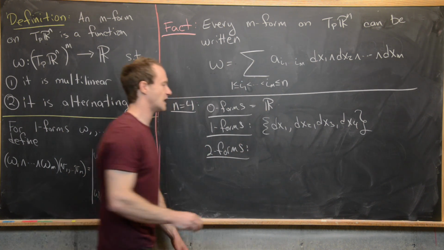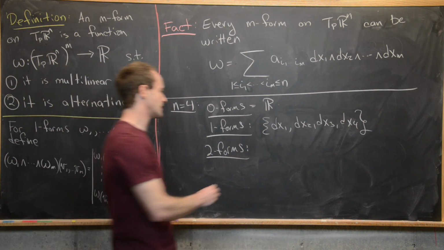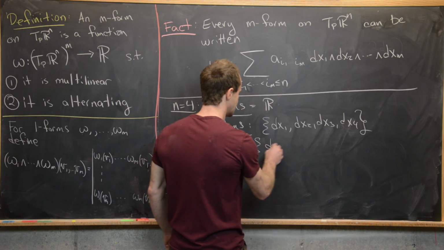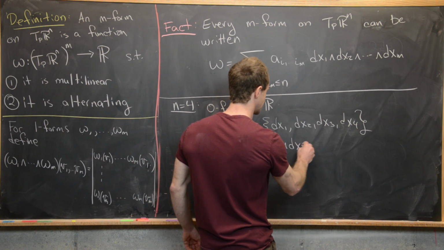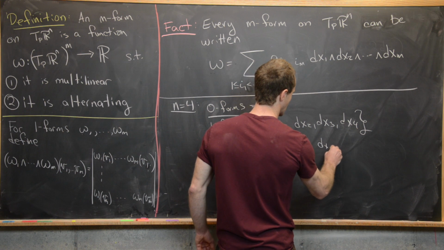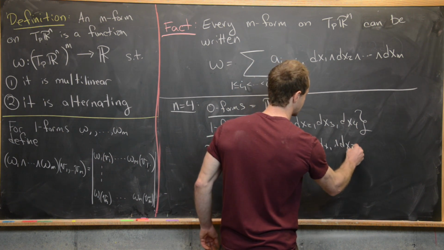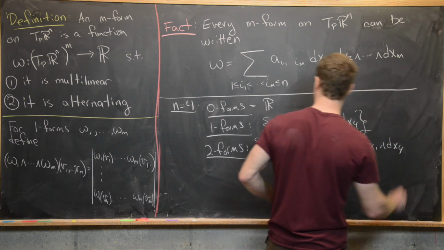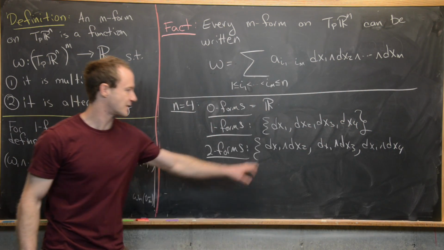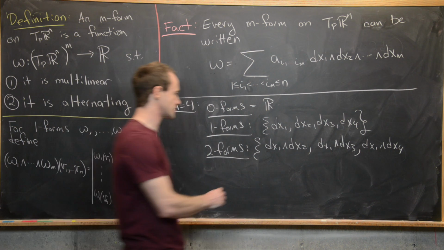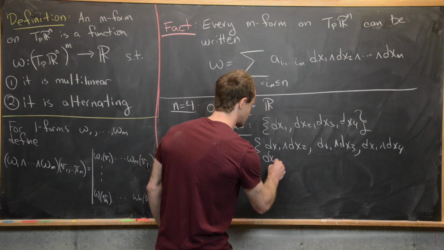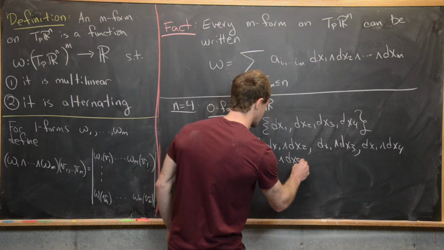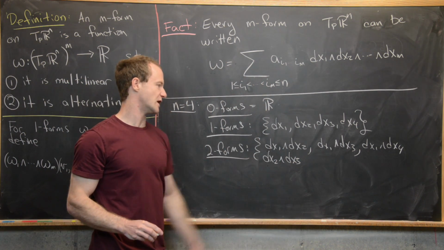So two forms will actually have 6 possibilities, and those are given by dx1 wedge dx2, dx1 wedge dx3, dx1 wedge dx4. So notice here we've got some increasing from the first entry to the second entry. Next we have dx2 wedge dx3. We don't need dx2 wedge dx1.